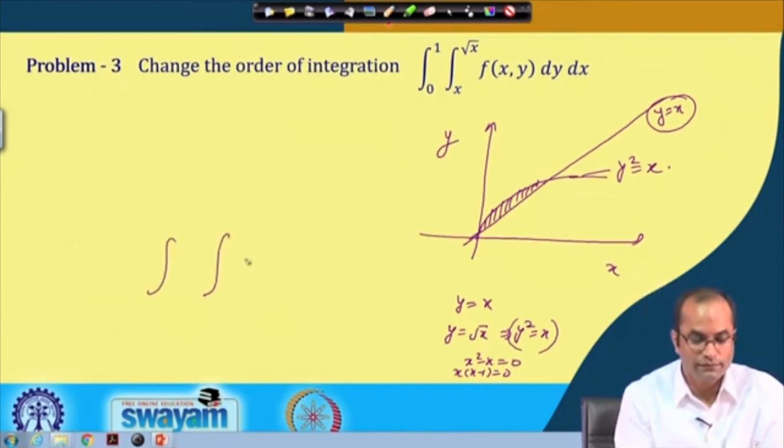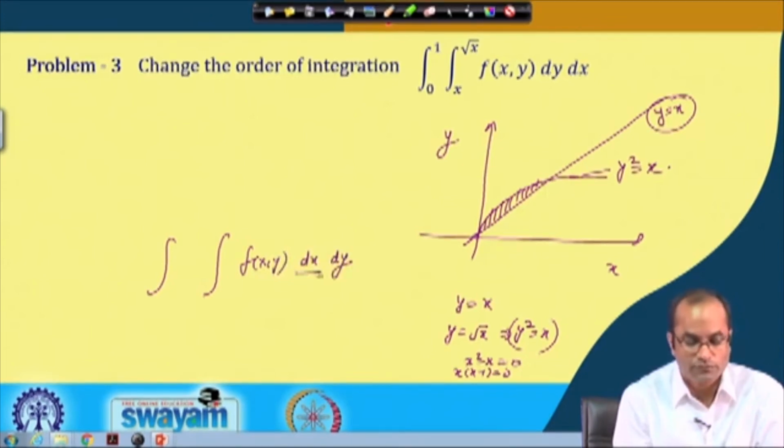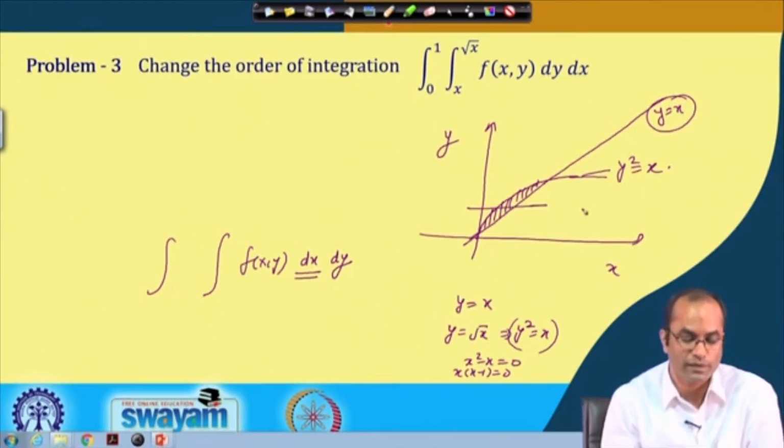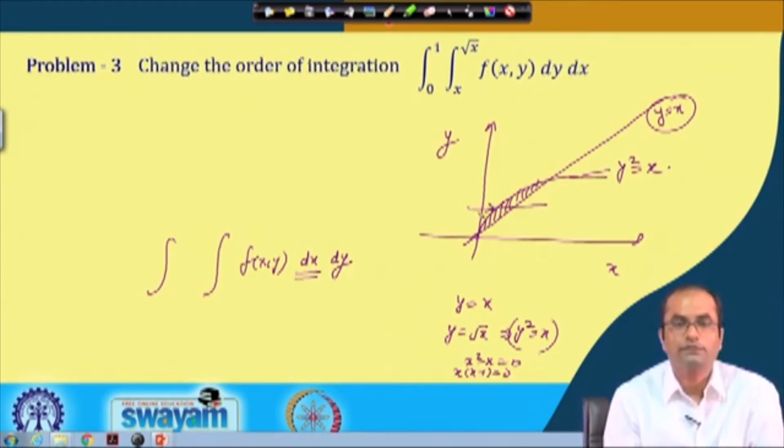So, what we will have now is f(x, y), and we will have dx and dy there. So, we will fix first the limit of x. So, we need to draw a line here parallel to x, and we will see where it enters the domain and where it exits the domain. So, here the entry point is again the parabola.